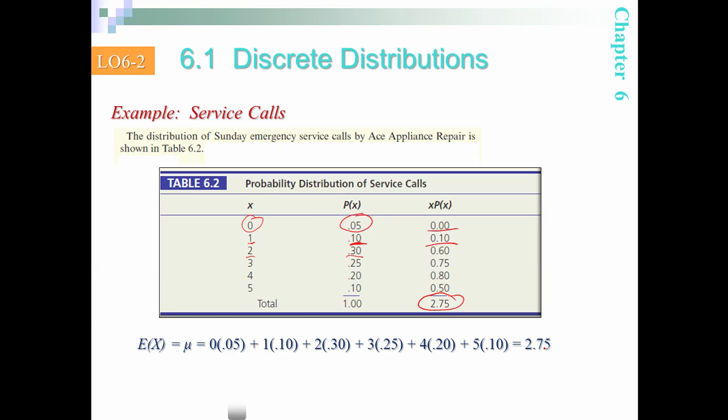They don't get 2 3/4 of a service call ever. So the expected value doesn't necessarily have to be one of the values that your random variable can take on. It just says in the long run, if you were to do this over and over and over again, you would have on average 2.75 per Sunday.